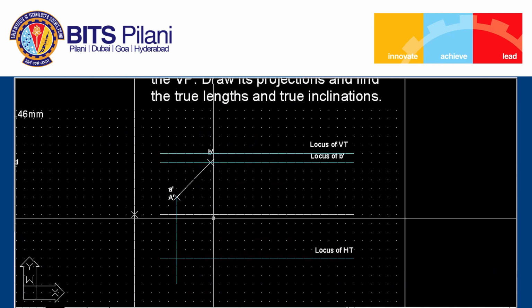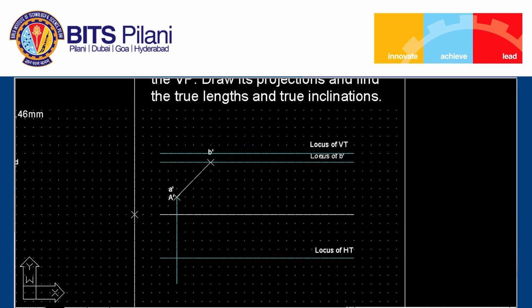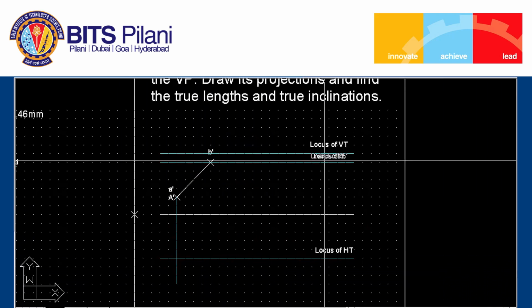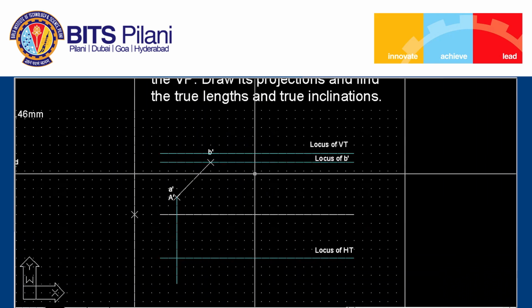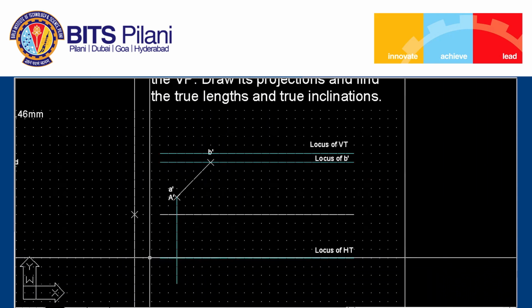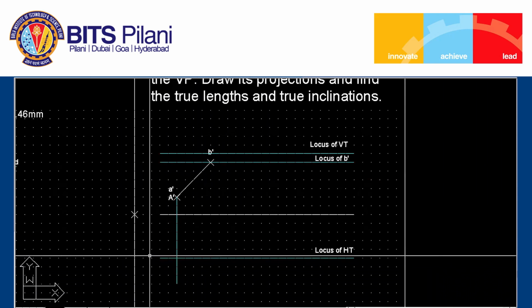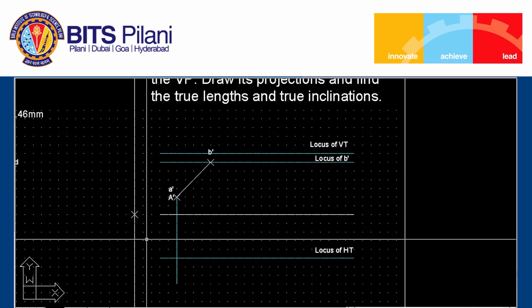So we have plotted the information. Now the important thing to be seen here is about HT and VT. We know the H prime point is a front view point, and all front view points are collinear, and the H prime point will always be on the XY line.